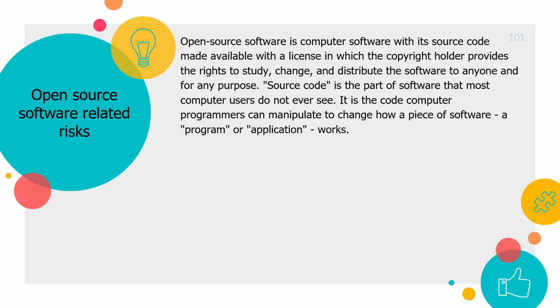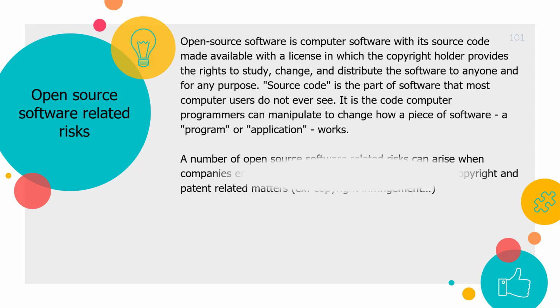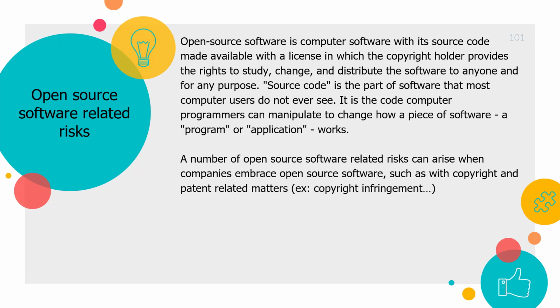It is the code computer programmers can manipulate to change how a piece of software, a program, or application works. A number of open source software related risks can arise when companies embrace open source software, such as with copyright and patent related matters, for example, copyright infringement.